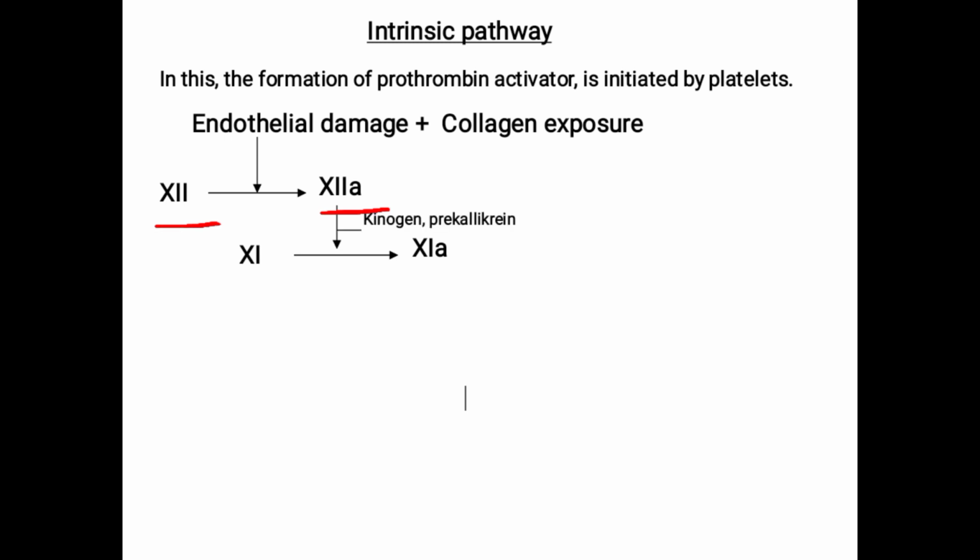This requires kininogen and pre-kallikrein. Understood? Whenever there is endothelial damage and collagen exposure, immediately the platelets are released and that initiates the conversion of factor 12 into factor 12a, that is activation, then factor 11 into factor 11a, with kininogen and kallikrein.